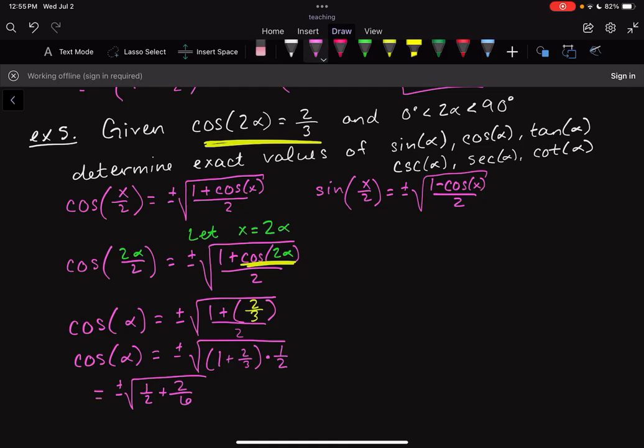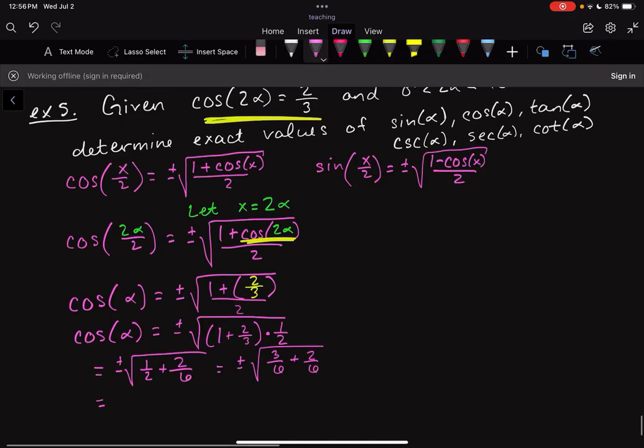Sorry, make sure I distribute that properly. Then I can combine these fractions. I can write it as 3 over 6 plus 2 over 6. So I get plus or minus the square root of 5 over 6.